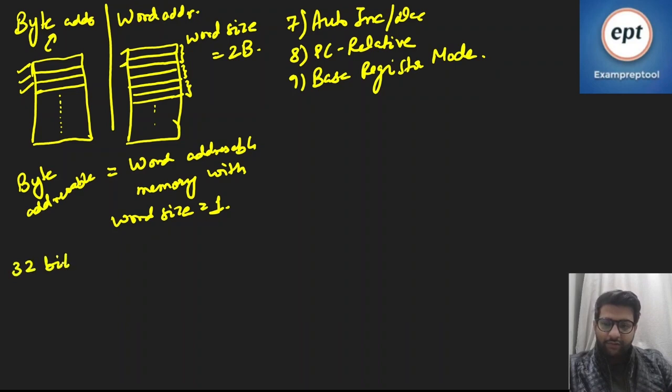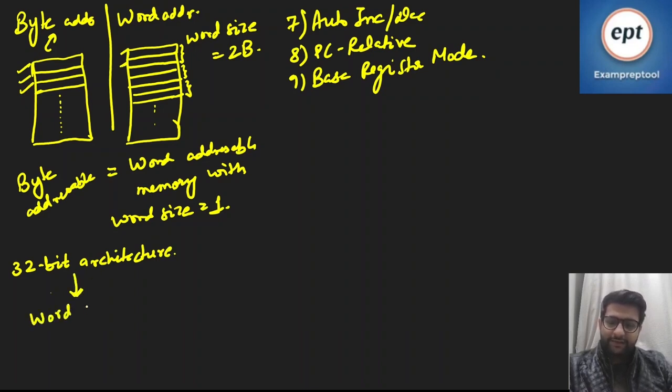What is the 32-bit architecture, first of all? If it is given that there is a 32-bit architecture, this means that the word size is 32 bits, right?